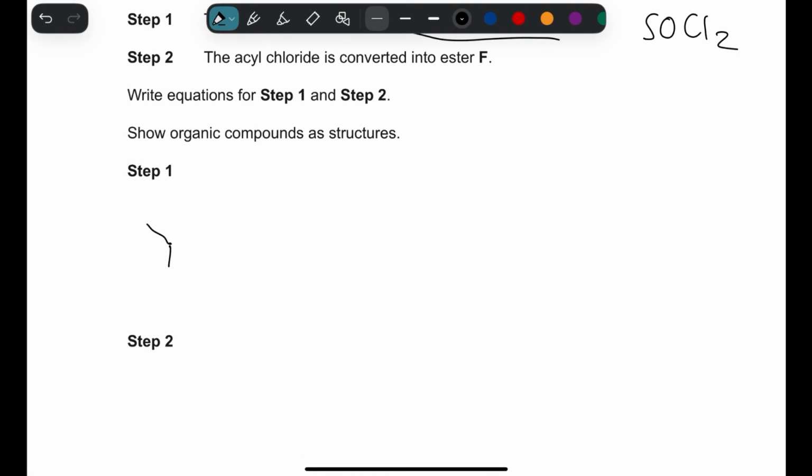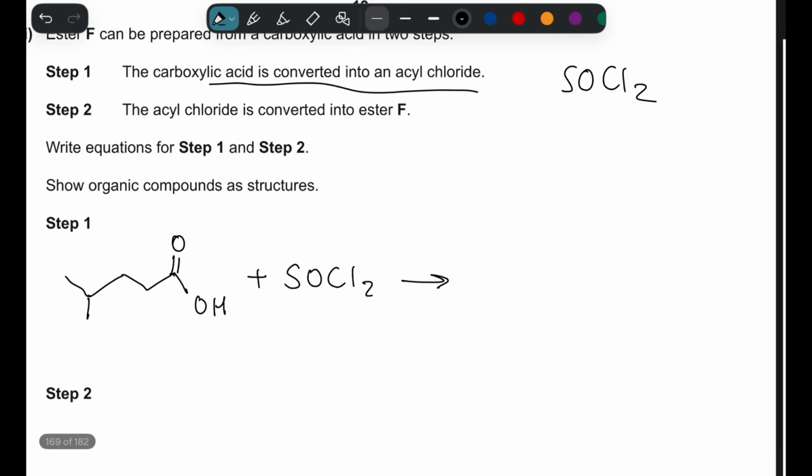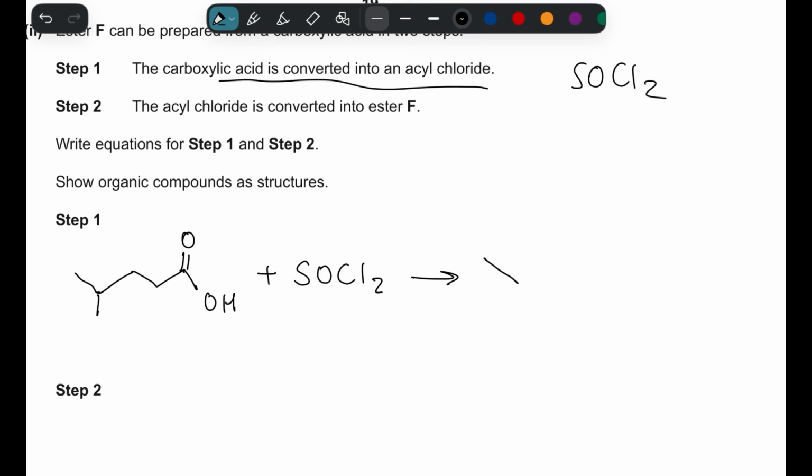We know this would have had to be a carboxylic acid, as I said in the question. If we react it with the thionyl chloride, what you should get is an acyl chloride. So it will look like this, but it will be Cl. And what you'll have is sulfur dioxide, and you also have hydrochloric acid. Yeah, that's a reaction that you'll just need to memorize pretty much, unfortunately.